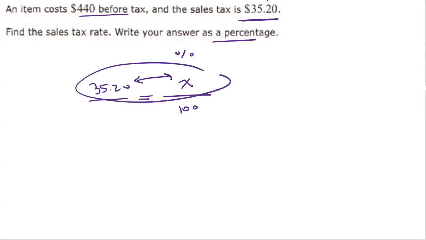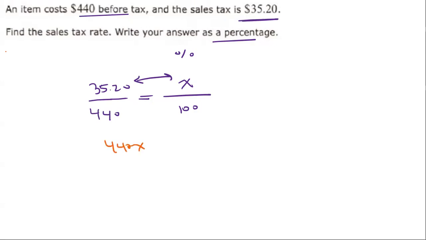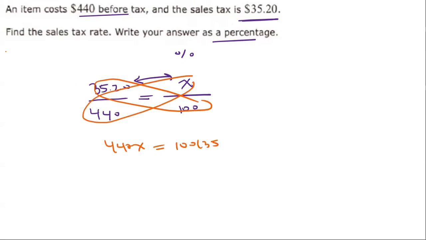We put that on the top, and then we put 440 on the bottom. Then we just cross multiply. So we have 440x equals 100 times 35.20, divide by 440. So x gives us 8%.